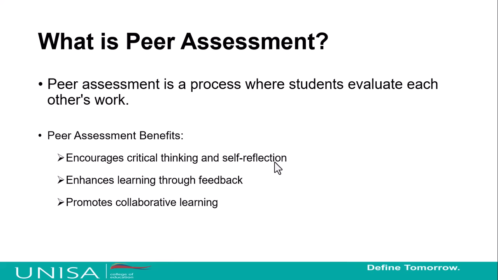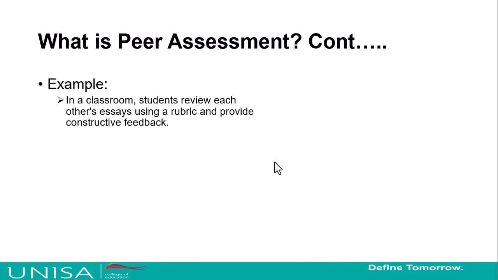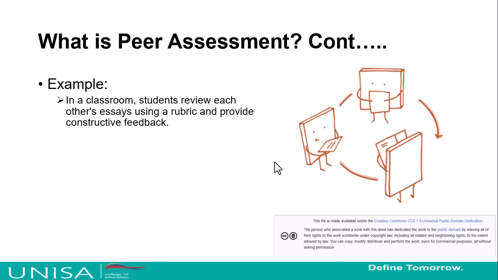Okay. So now let's look at an example. So let's imagine in a classroom where students review each other's essay using a rubric and providing a constructive feedback. So for this assignment 3, it is going to be similar to assignment number 2. Okay. It's going to be using a rubric.